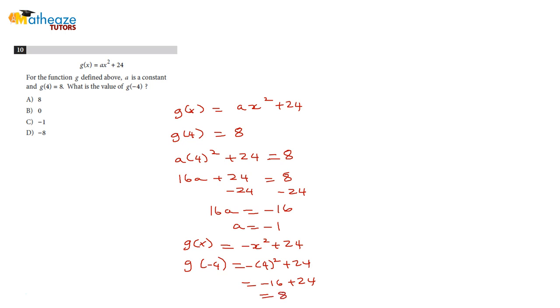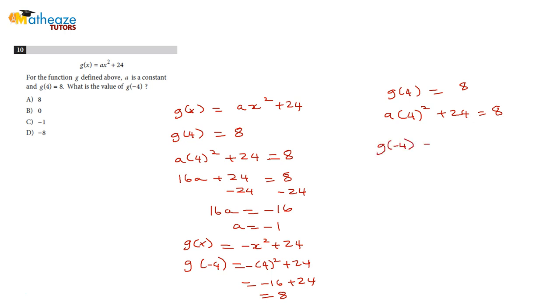Now, let's look at another approach to this question. So we're told that g of 4 is equal to 8. What that means is a of 4 squared plus 24 equal to 8. Now let's look at what g of negative 4 is going to be.